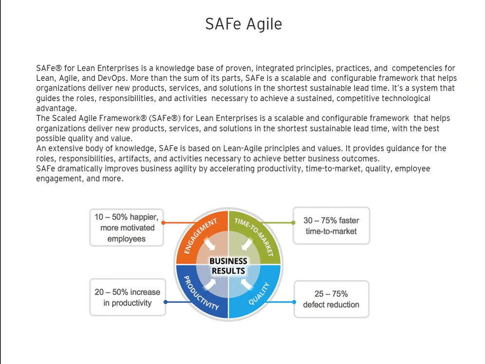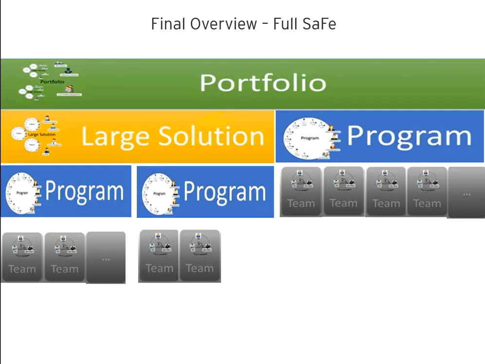If you look at the picture, you can see four results they are talking about: engagement, time to market, quality, and productivity. After introducing SAFe, there is an increase in happier customers, products going into the market faster, defect reduction, and also better productivity.